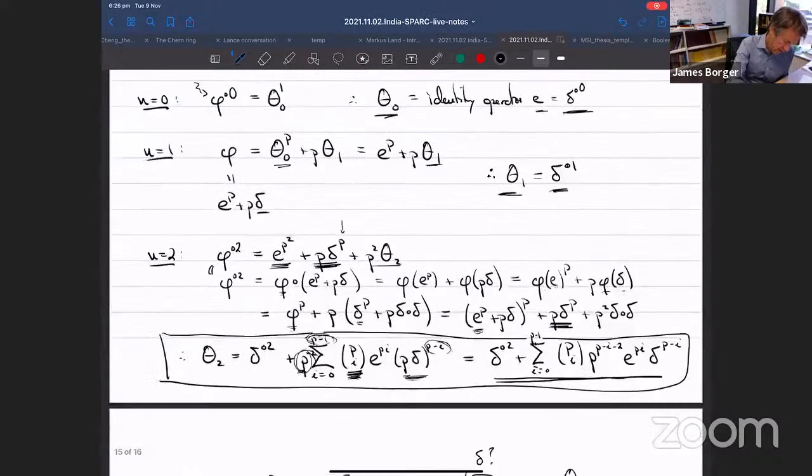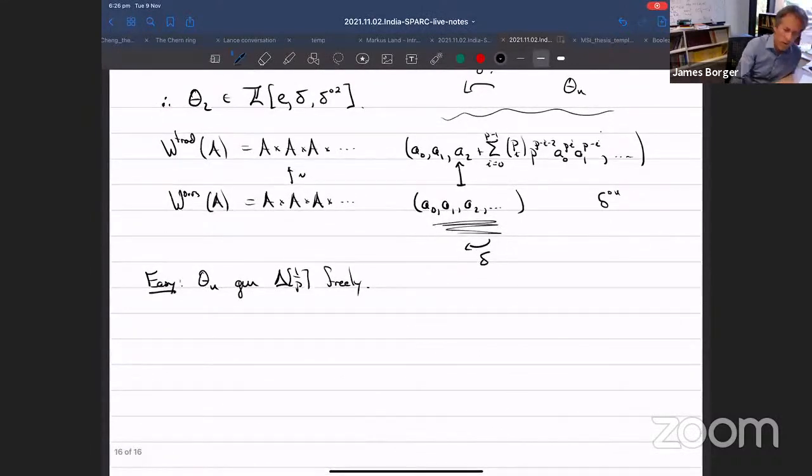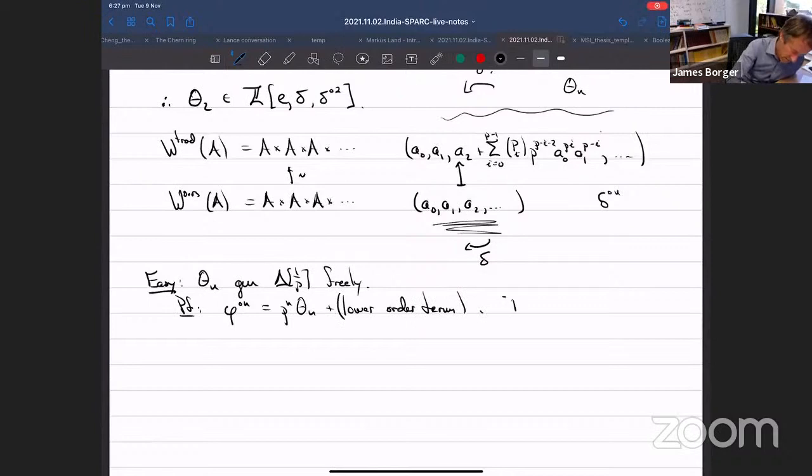So that is not a problem. So maybe, what's the proof? So phi composed with n is equal to p to the n theta n plus lower order terms. And then you just prove it by induction.